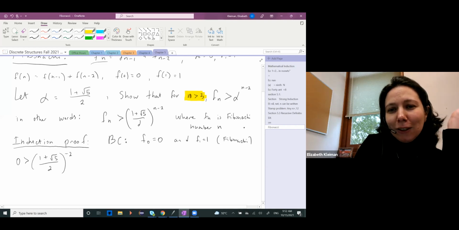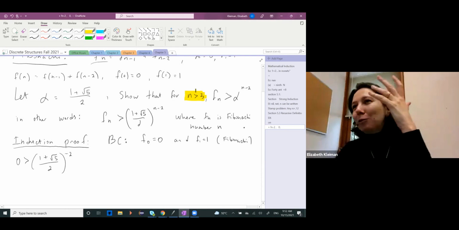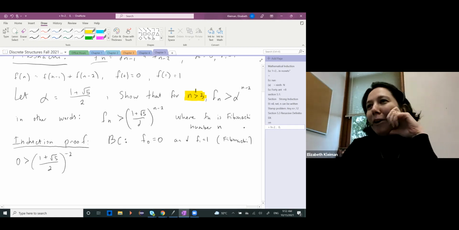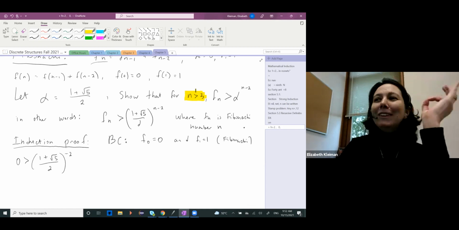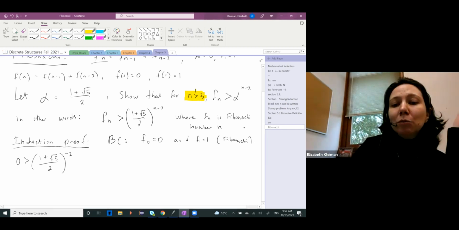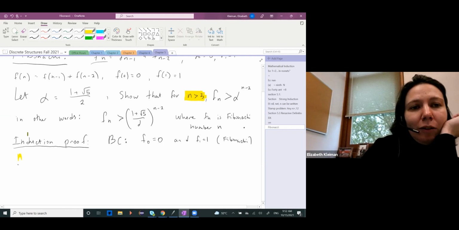We know with recursive formulas, we always start with 0 or 1 to be the base case, correct? But you also need to read the problem carefully. Did it ask for 0 or 1? No, it didn't, correct? It actually said n bigger than 3. So what should be my base case? N equal to 4.